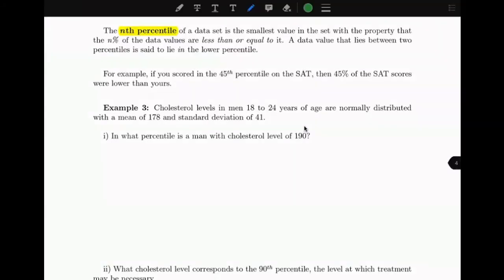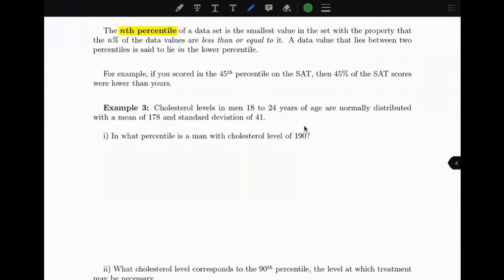Okay, so let's go through this example. Cholesterol levels in men 18 to 24 years of age are normally distributed with a mean of 178 and a standard deviation of 41. In what percentile is a man with a cholesterol level of 190?